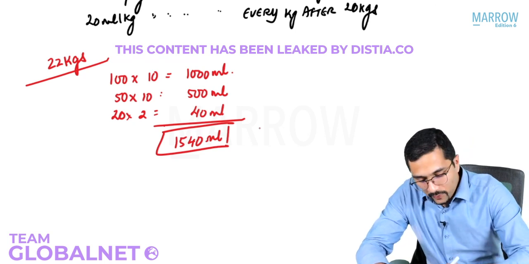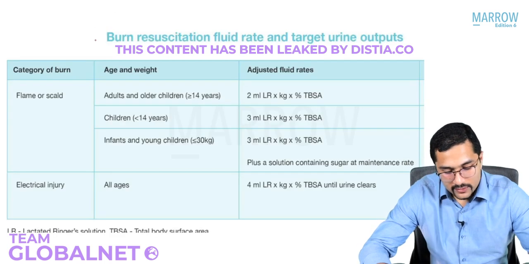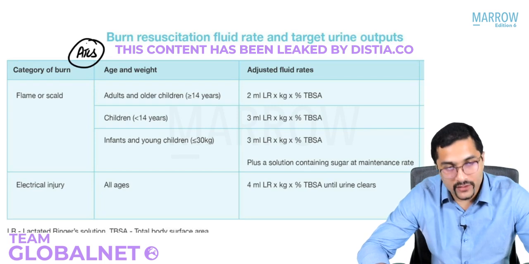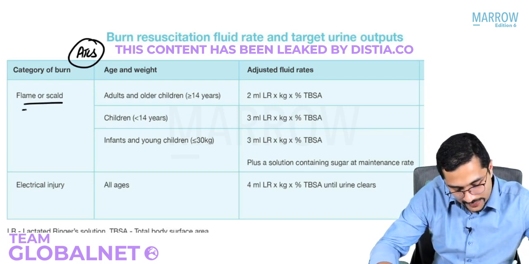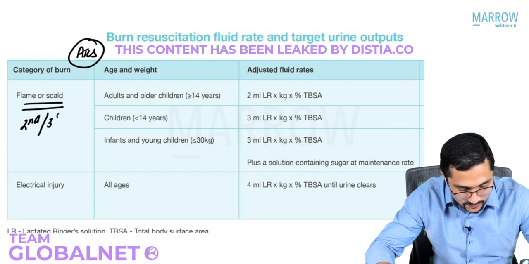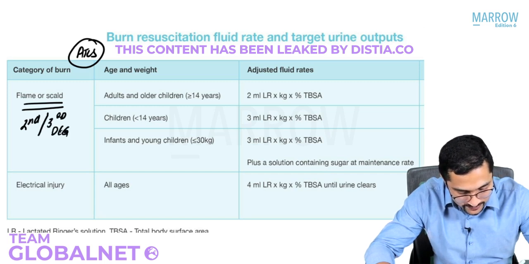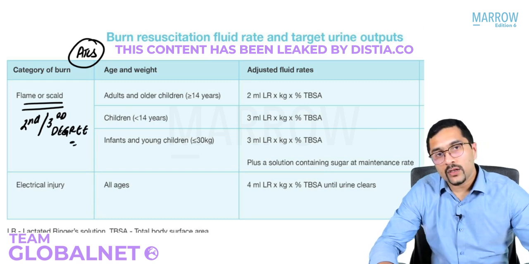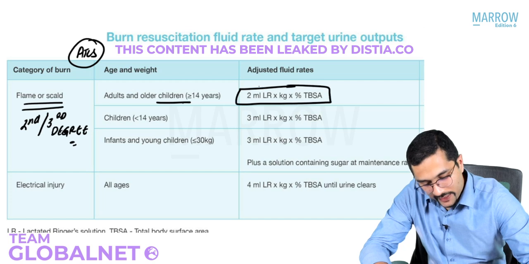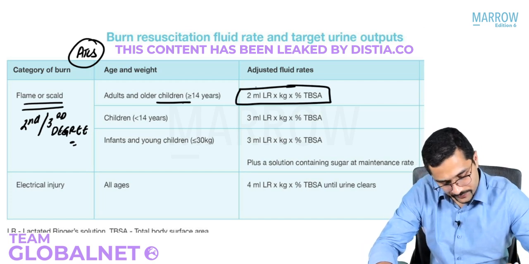Now there are other formulas also which you should know about. These are the ATLS formulae, the ATLS guideline formulae for flames and scalds. Flame and scalds are second and third degree burns. So for adults who are more than age of 14, we already know the formula is 2 into body weight into total body surface area burned.